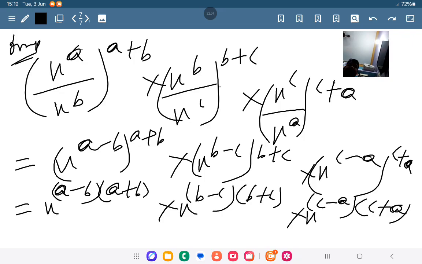Clear? Here is a formula: a minus b into a plus b is equal to a square minus b square. It's the formula.